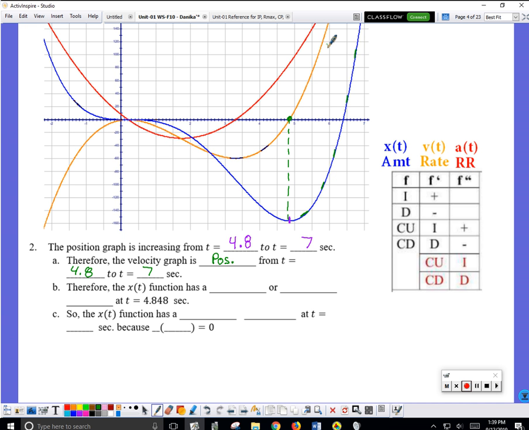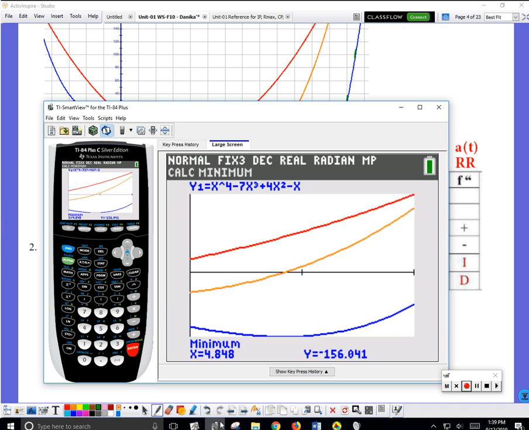Now, here's Emma's question from last night's homework. If I look at this section of the graph, we'll go from 4 to 6 again, since that's already loaded. So here on my calculator, this is from 4 to 6.